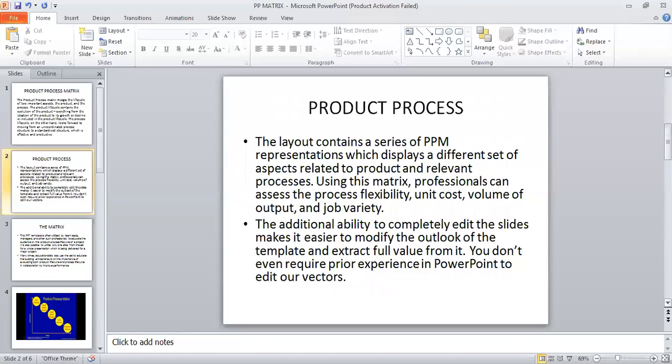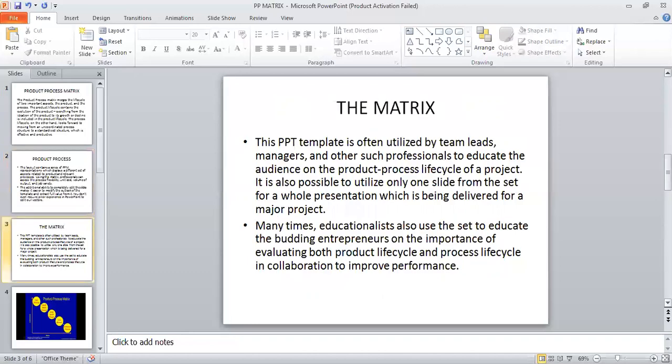Under this matrix, professionals can assess process flexibility, unit cost, volume of output, and job variety. The matrix is utilized by team leads, managers, and other professionals to educate the audience on the product process life cycle of a project.